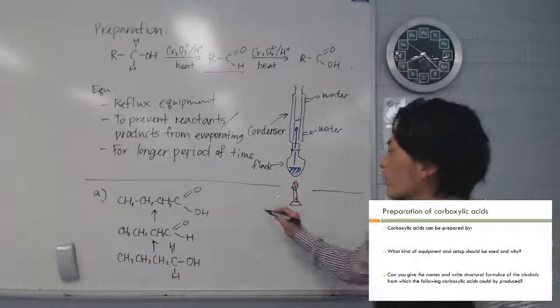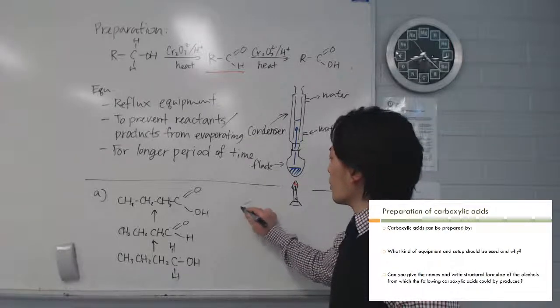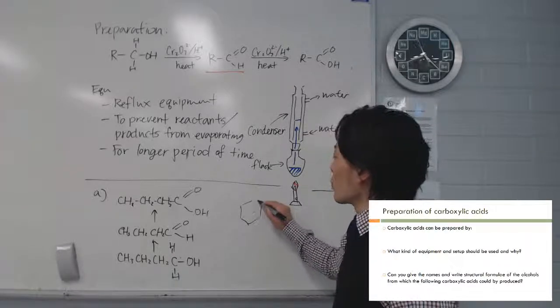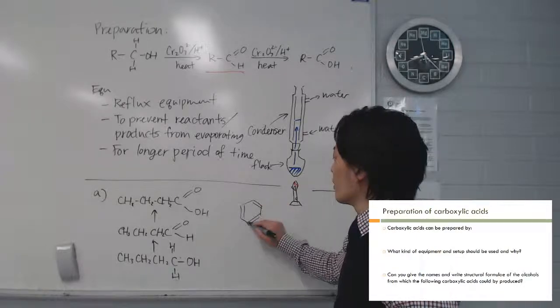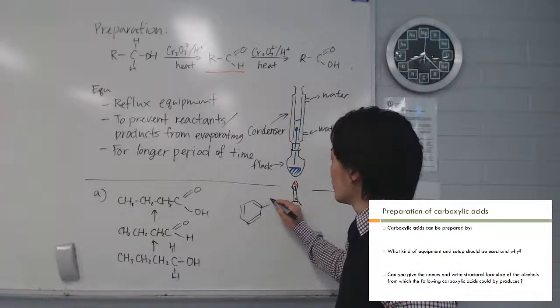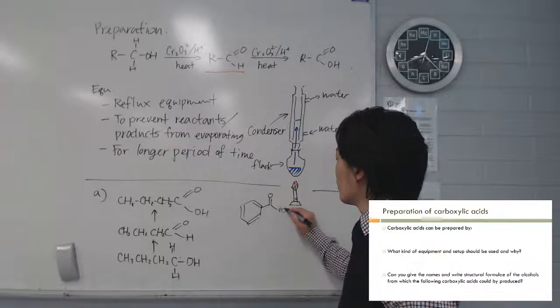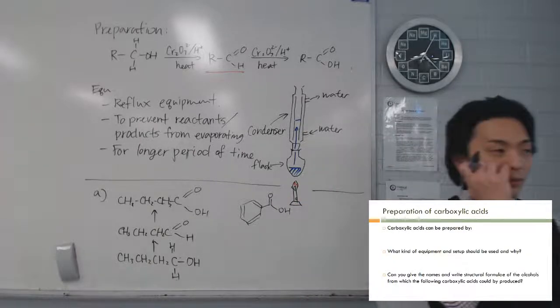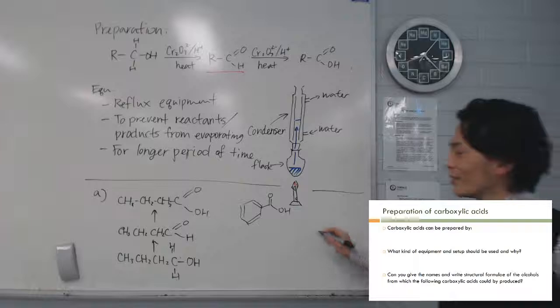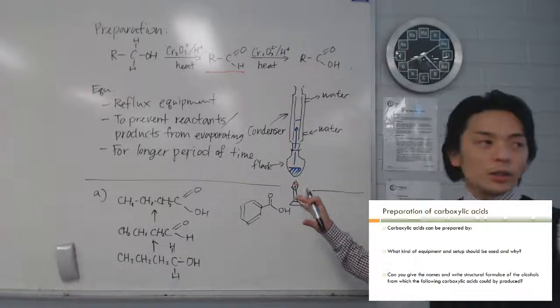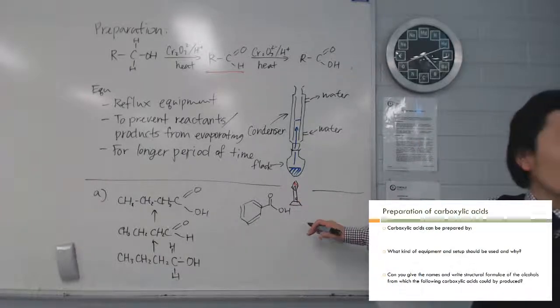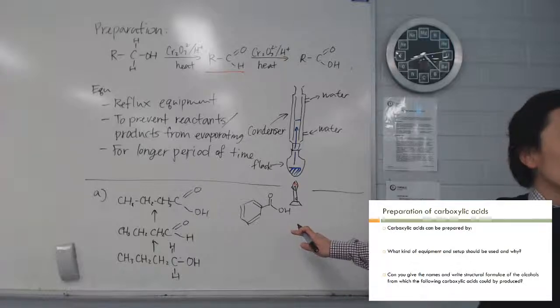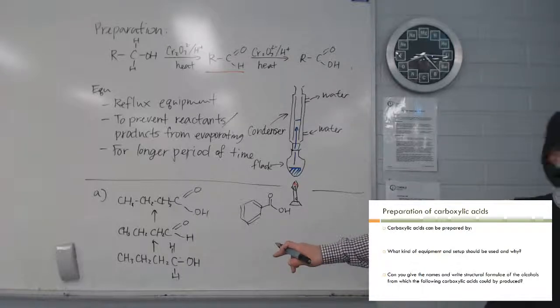Something that you probably didn't need to know, but something that you've also used in the past, is this. Now, you might not need to name this one, but you should be able to draw the structure of the alcohol which was used.